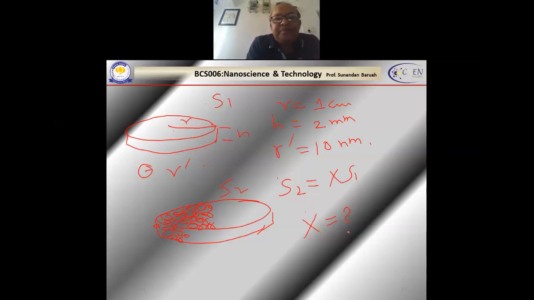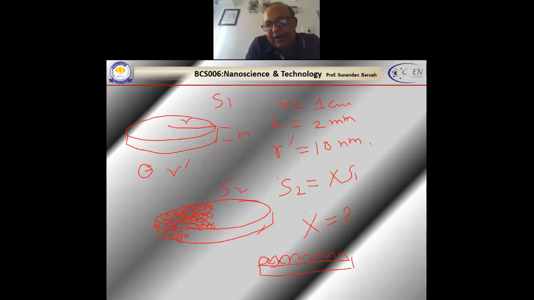Now, just to give you a hint, if I draw the side view of the tablet, this is the tablet, directly the side view, then actually the particles will be sitting something like this. Actually these are spherical particles, but they're touching each other.